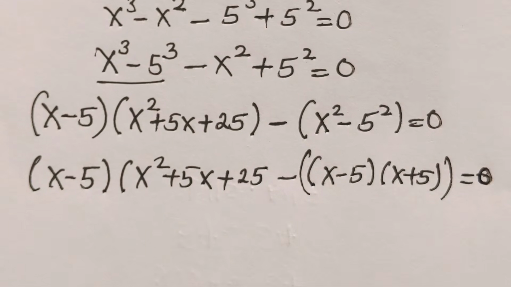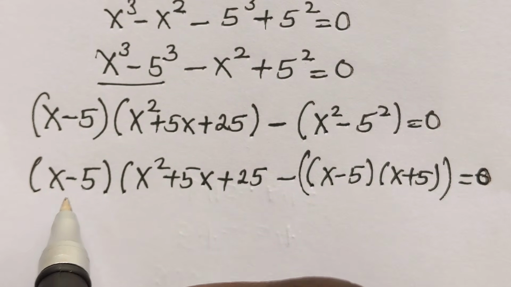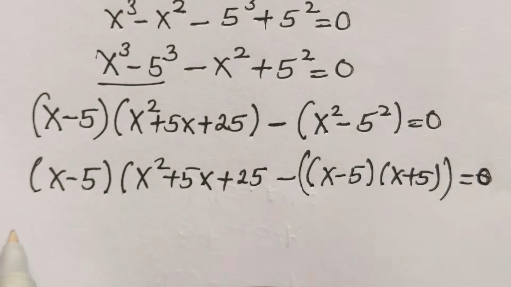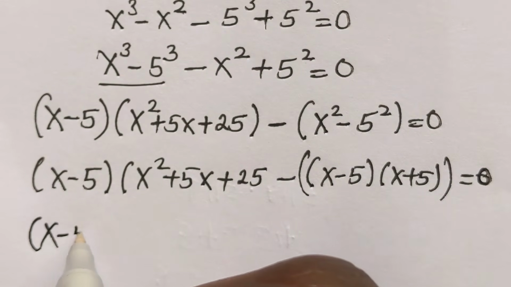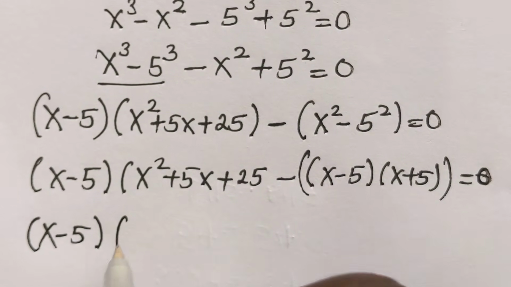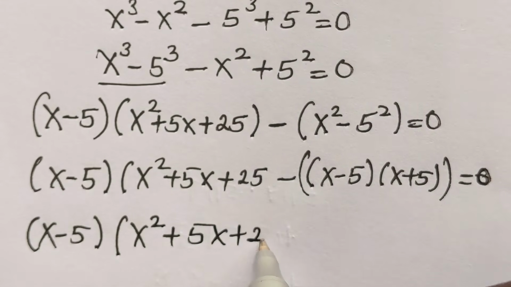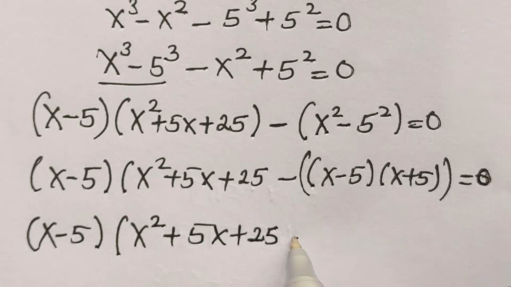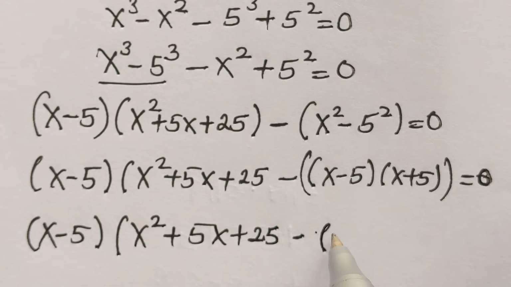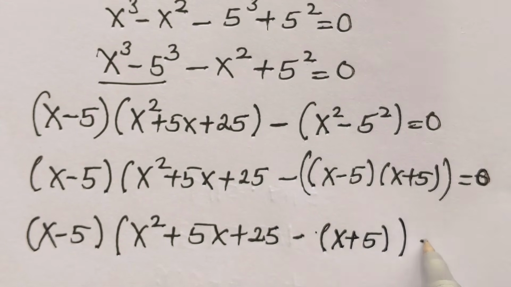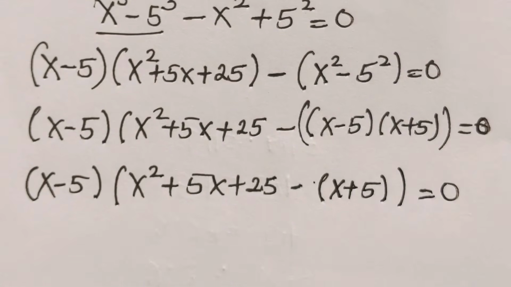And of course here we can factorize x minus 5 because it is common, to get x minus 5 times open bracket of x squared plus 5x plus 25 minus open bracket of x plus 5 close, and close again equals to 0.